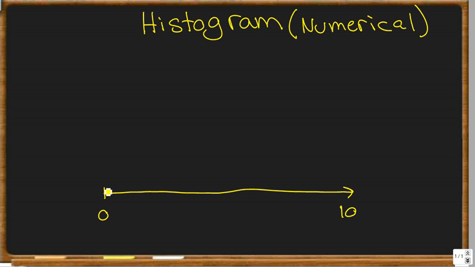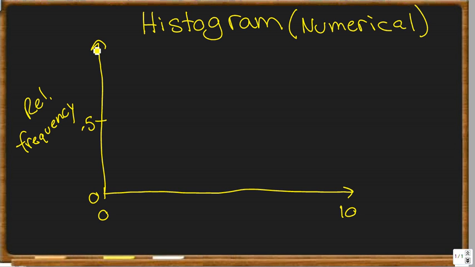Your vertical axis is going to be in relative frequency. So you'll have 0, 0.5, and 1, and so on and so forth. And your numbers will kind of collide with each other.